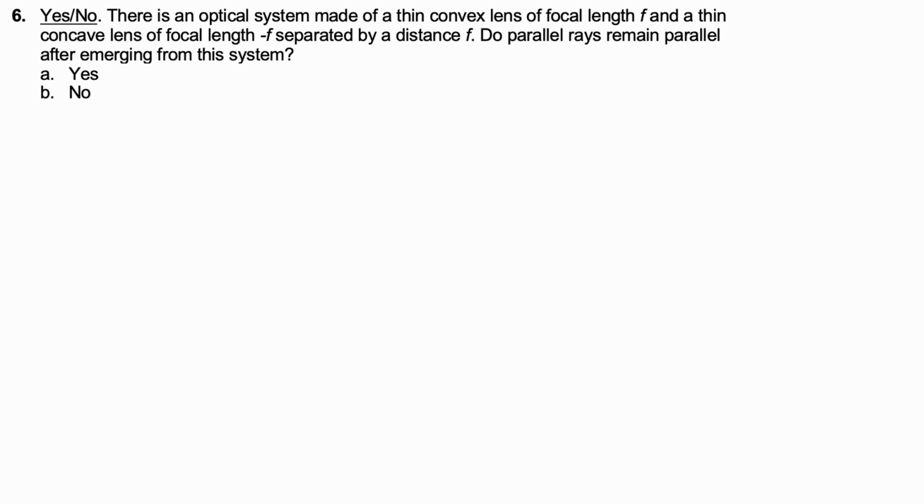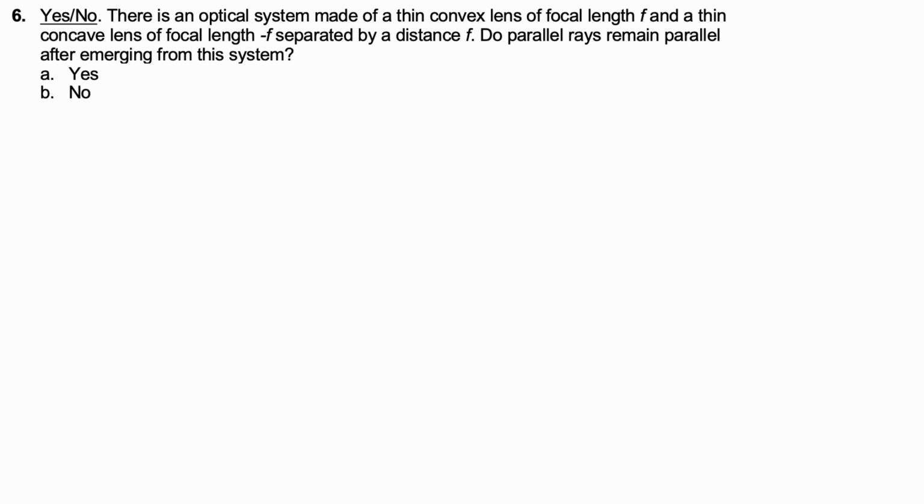The next problem is problem number 6, telling us that there is an optical system made of a thin convex lens of focal length f and a thin concave lens of focal length minus f. So right there it is telling us that the first is converging and the second is diverging, and they are separated by the distance f. They want us to know if the parallel rays remain parallel after emerging from the system.